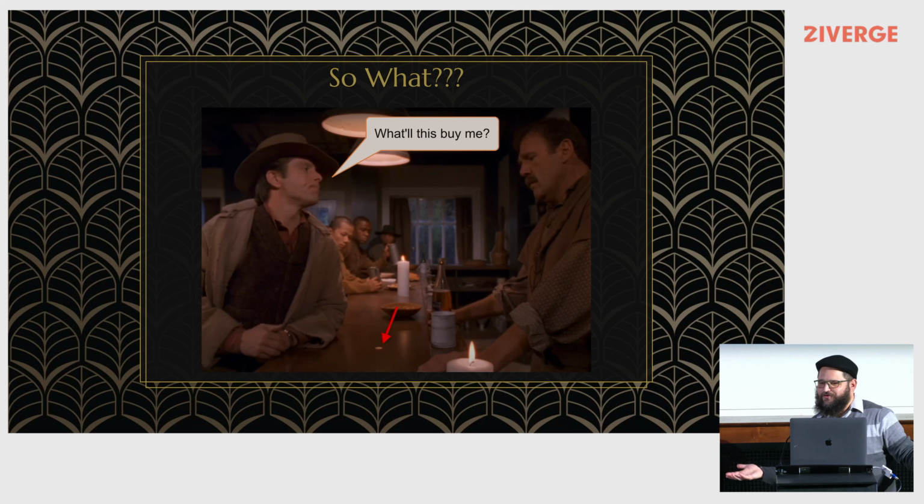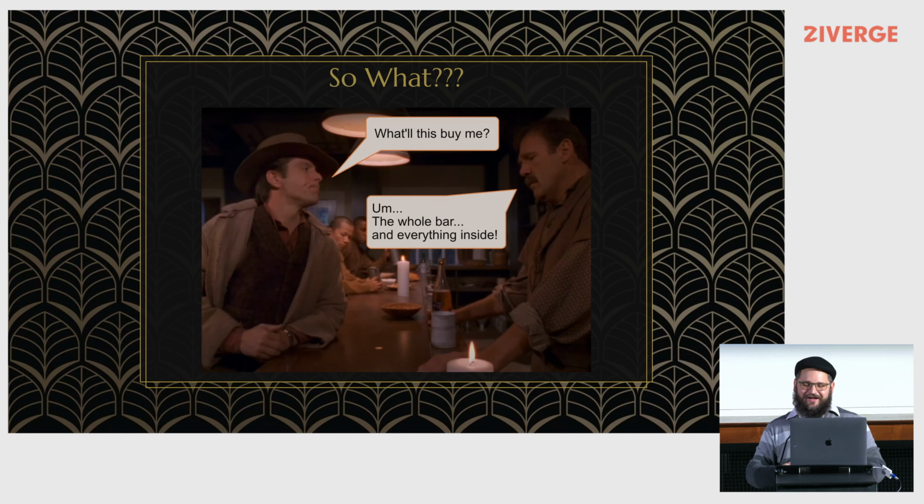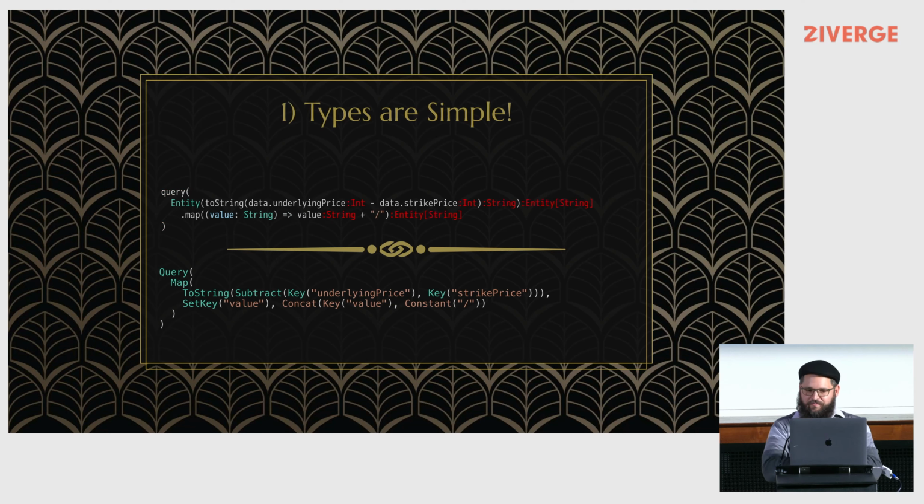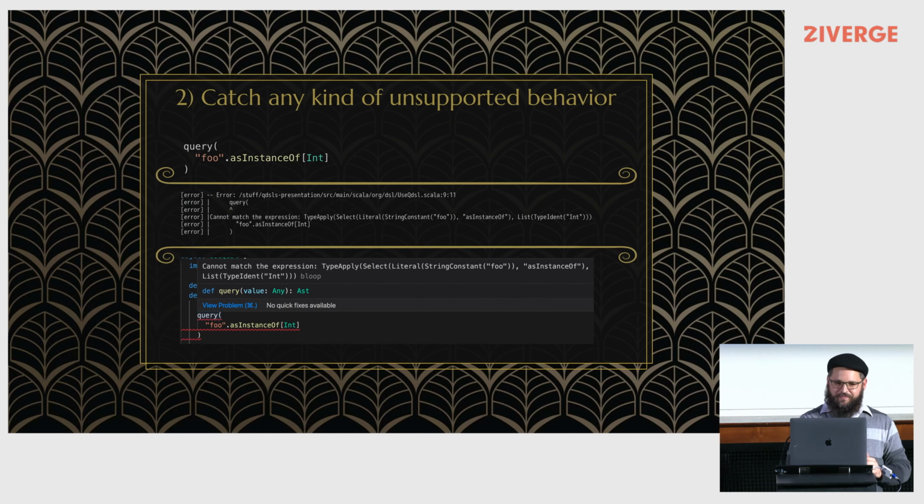What is this useful for, right? Why do we practically want to do this? Well, here's why. Simple types. Again, we can build a business domain that actually has simple integers and strings and doesn't need complex types, and we can take that business domain and express business logic in it.